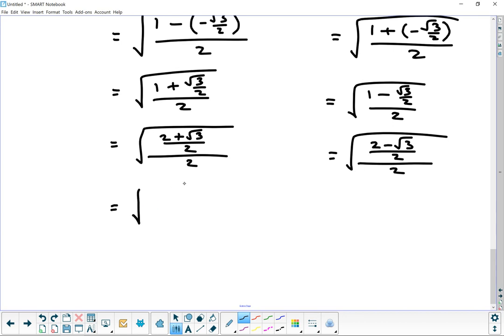This will end up with a radical 2 plus radical 3, and the 2 on the bottom cancels, and then the 2 on the bottom of the bottom is going to turn into 4. And the cosine is going to be radical 2 minus radical 3 over 4.